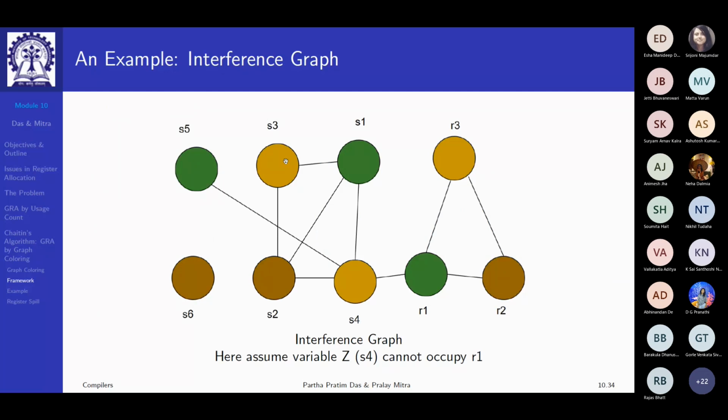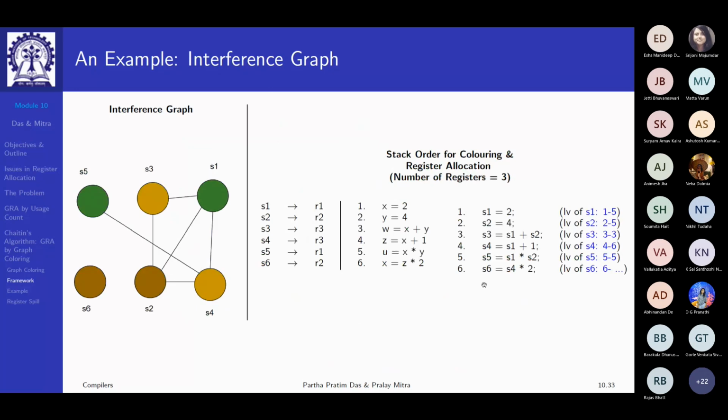In fact, while we construct this, we can also put some additional constraints. For example, in the interference graph, I do not want Z, that is S4, to be in register 1.